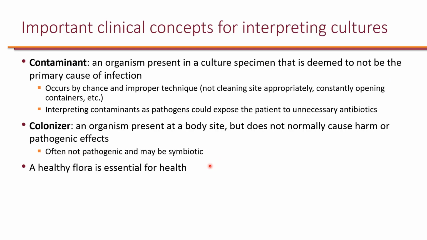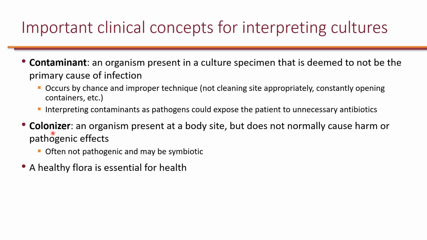Now, some important clinical concepts for interpreting cultures are colonizer and contaminant. So anytime you have something growing in a culture, you need to ask yourself, is it coming from the source of the specimen, or did it get contaminated in the process when it was being collected? So a contaminant will not be from the site of the specimen. It could be due to improper technique.